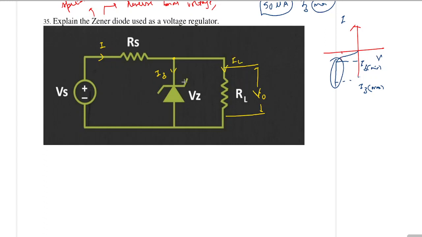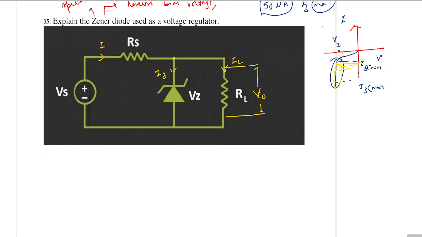When the current IZ passes through this diode, it will have a constant voltage. Whether the current is somewhere here or here doesn't matter, the voltage is constant. We call it Vz, so this is the Zener voltage.